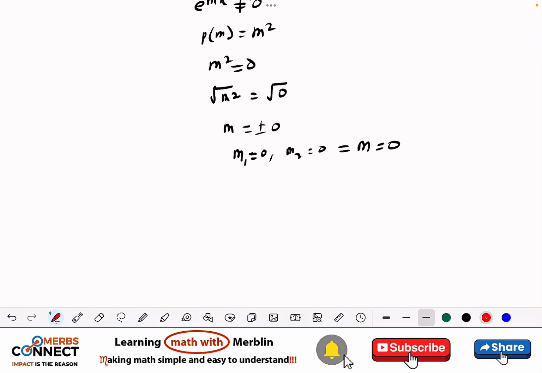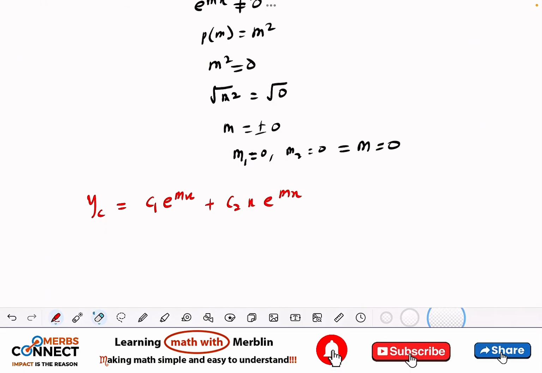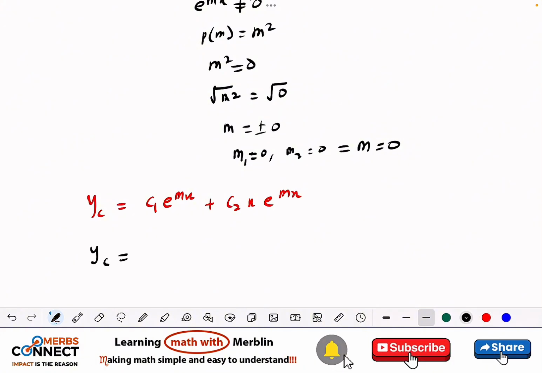So we know how to find the solution when we have a double root, right? For a double root, we are saying that our complementary solution should be c1 e to the power mx plus c2 x e to the power mx, when they are all having the same root. So writing this is going to give us c1 e to the power 0 plus c2 x e to the power 0.